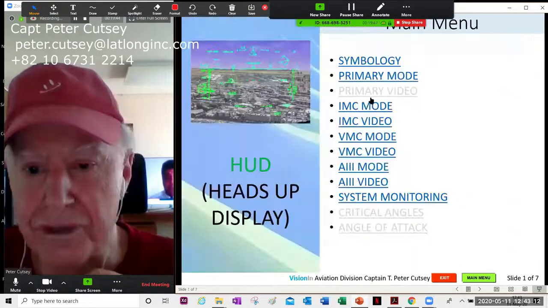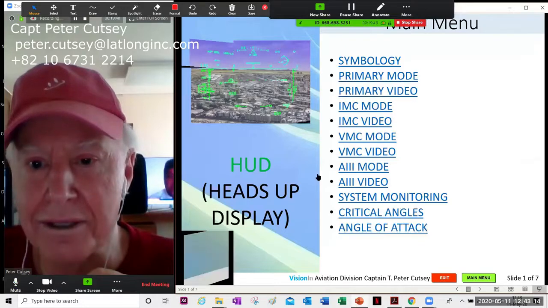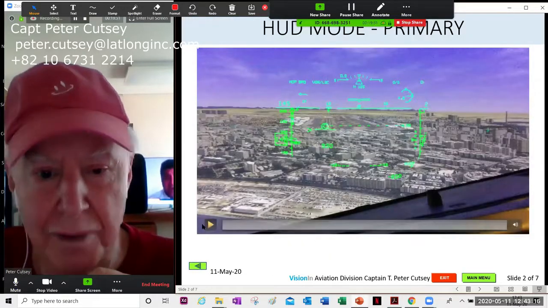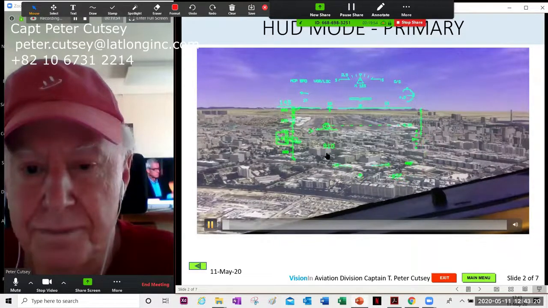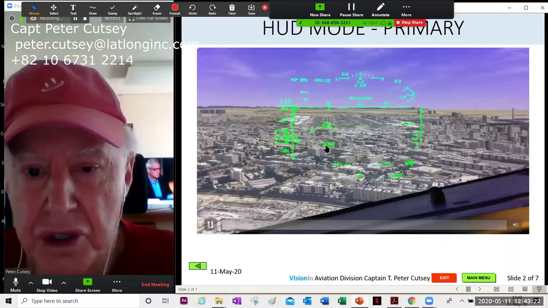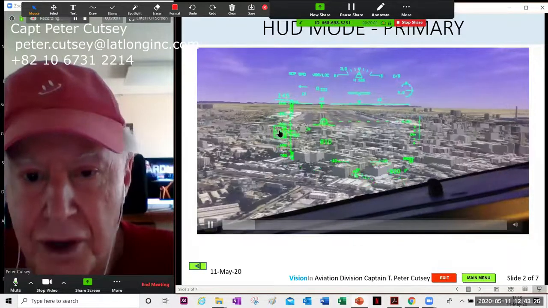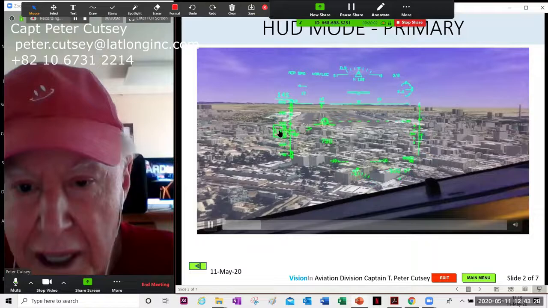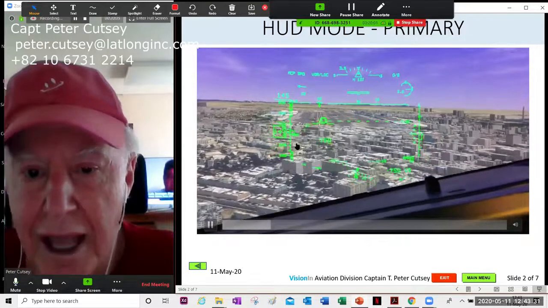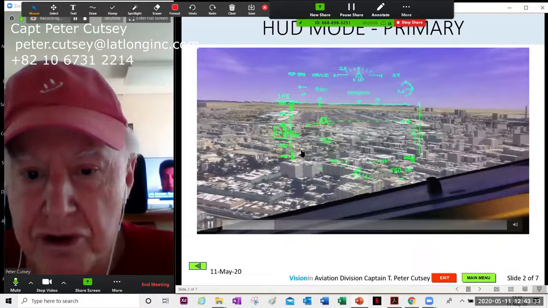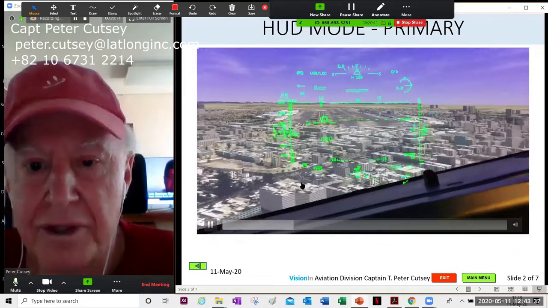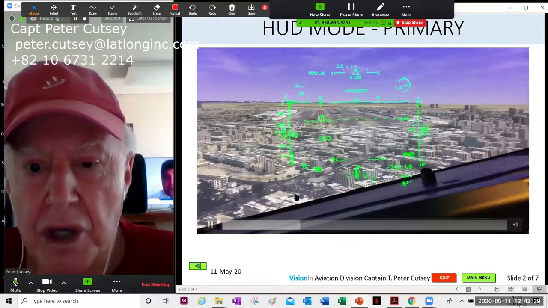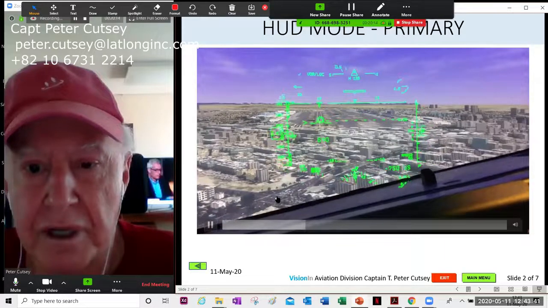Let's go back to that video and continue it. Altitude above the ground. There is your speed, your indicated speed, and your actual speed will be over here. We can't see it right now. It's down here. So that symbology we'll look at a little different a little later in a night scene in another mode.